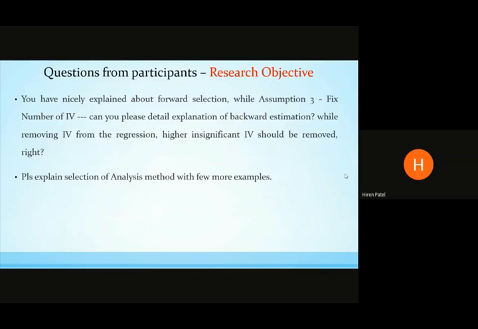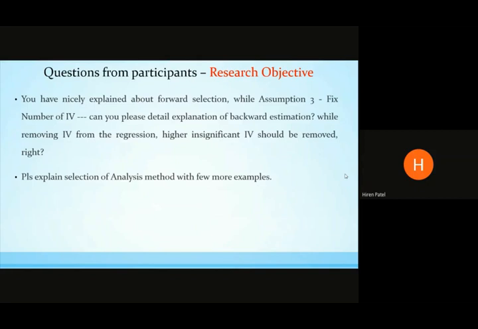Then the second independent variable with the second highest correlation, then the third with the third highest correlation. This is how we keep adding variables to the equation one by one and see how each variable contributes to the explanation or prediction power. That is called the forward selection method.